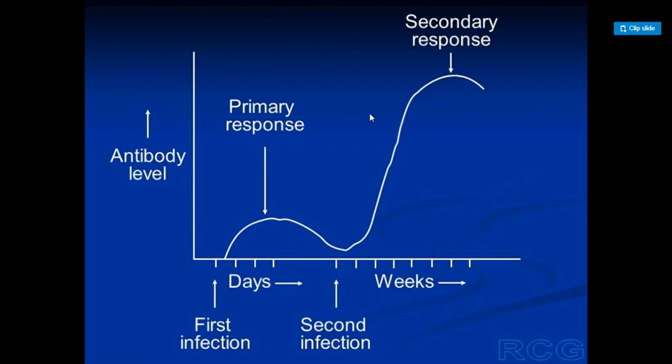This hyper reaction is taking place due to the memory cells, and these memory cells are having the antibodies. These antibodies give more exposure to all the other cells, and so a drastic increase in the antibody level can be seen in the secondary response.